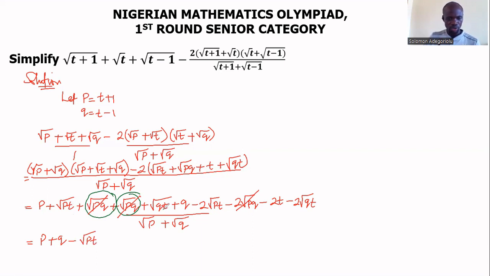Then let's take a look at root QT here. We also have minus 2 root QT here, so that will give us minus root QT. This is taken care of.